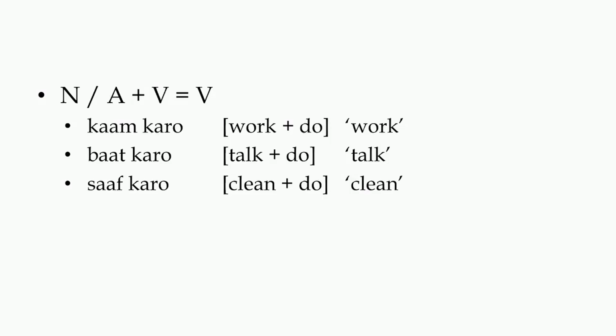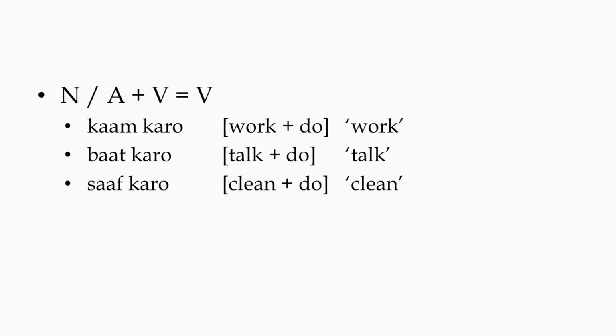Now, having said that both the elements are verbs, it's important to pay attention to them. But let's move and look at the second type, and then we come back to this type once again. The second type of compound verbs are a type where the first element is either a noun or an adjective, and then the second part is verb, and together they make one single verb. Examples like kaam karo, baat karo, saaf karo.